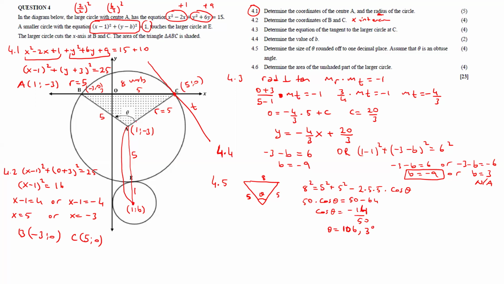Or if you couldn't see that, you can just draw this perpendicular height here. This side will be 3 units, that side will be 4.